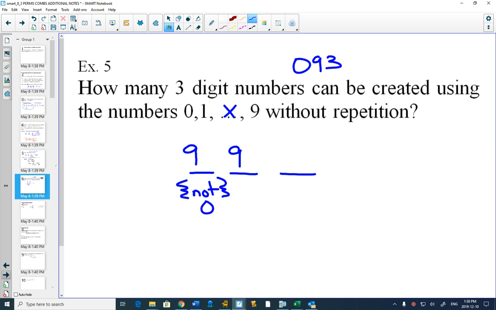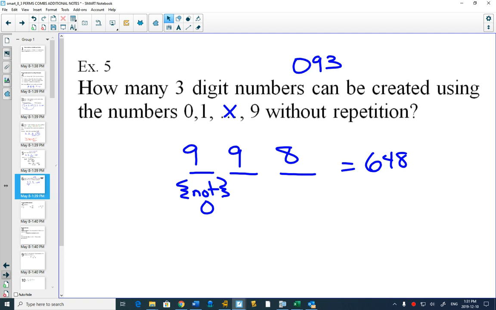But one of the numbers is gone. And now 2 numbers are gone. How many choices do we have for the last one? 8. 81 times 8 gives you 648 in total. So I think that one is a little bit harder to see that restriction, that you can't start with a 0.